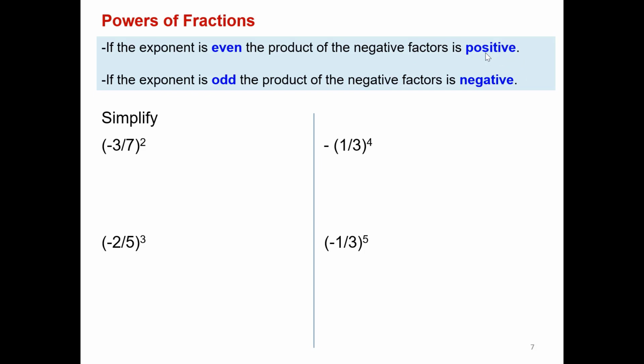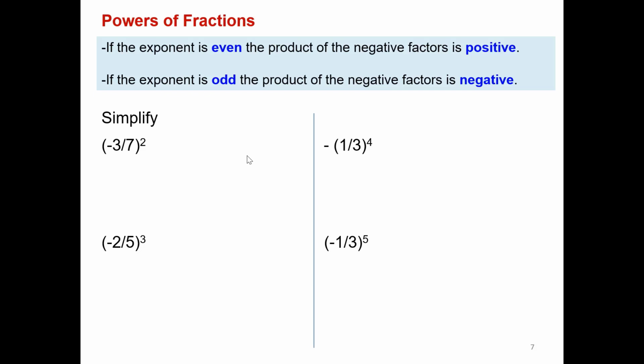But if the base is negative and we have an odd exponent, we always expect a negative product.